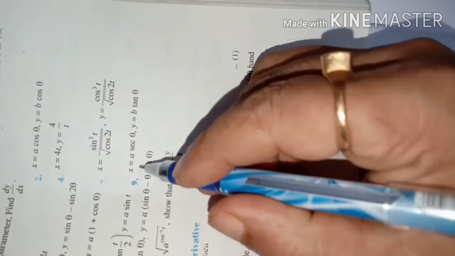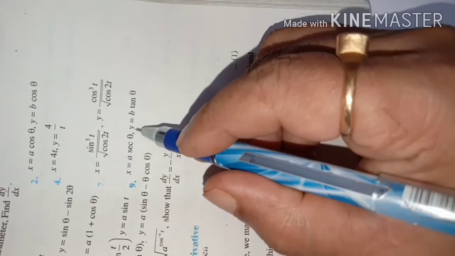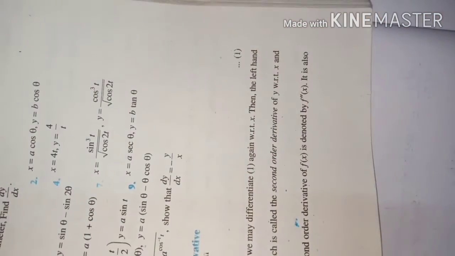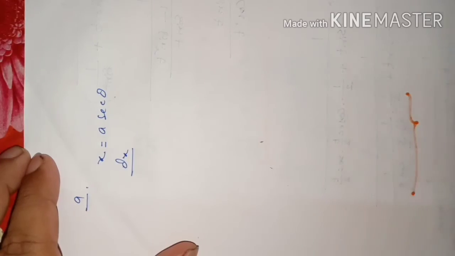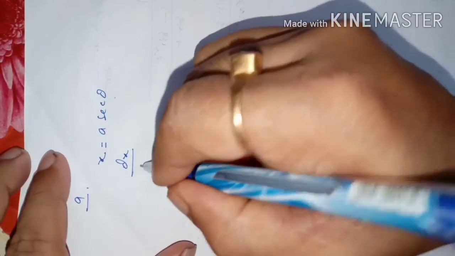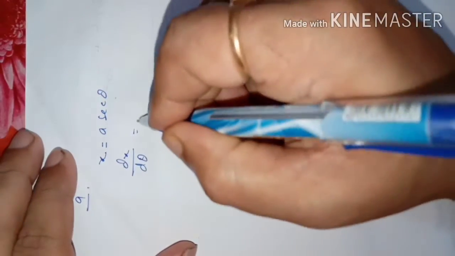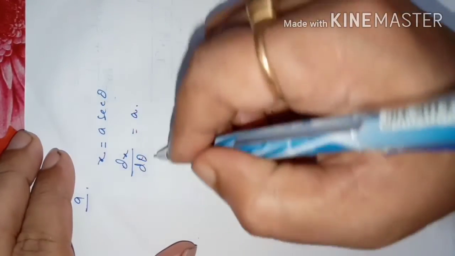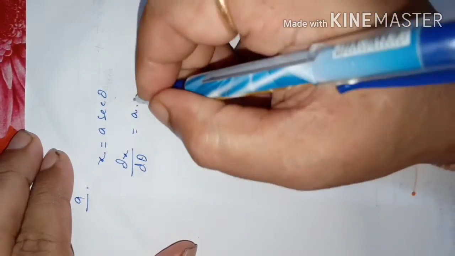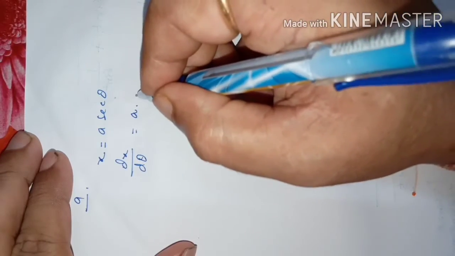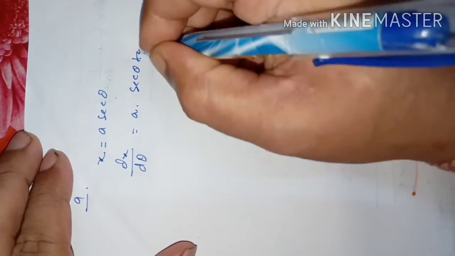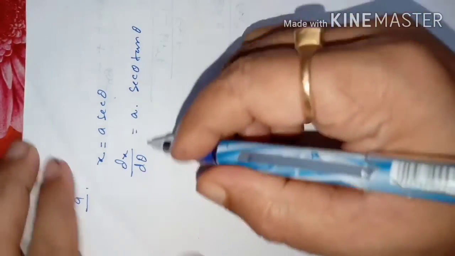Look at question number 9. x equal to a sec theta, y equal to b tan theta. We have to find out dy by dx here. First we find out dx by d theta. dx by d theta is a into d by d theta of sec theta, which is sec theta tan theta. So this is dx by d theta.